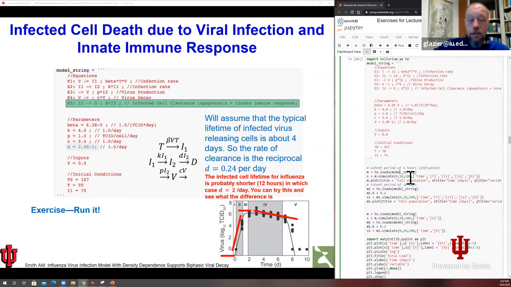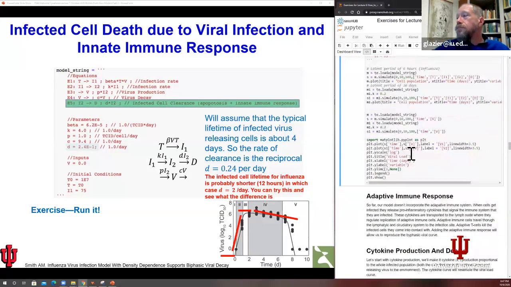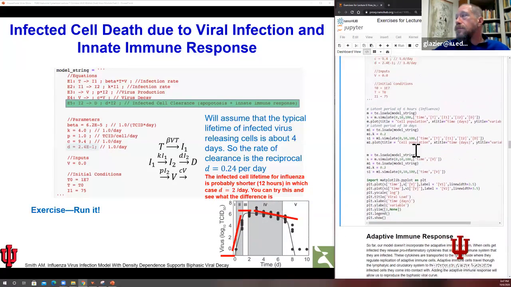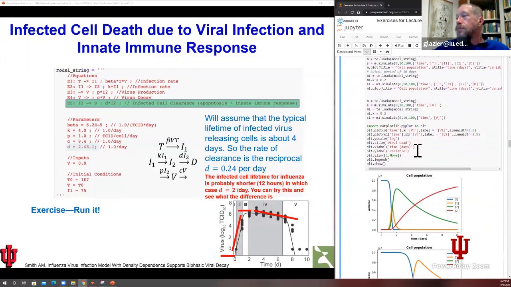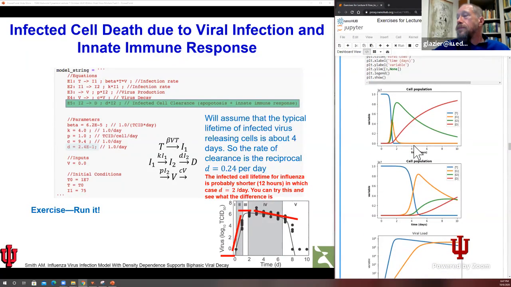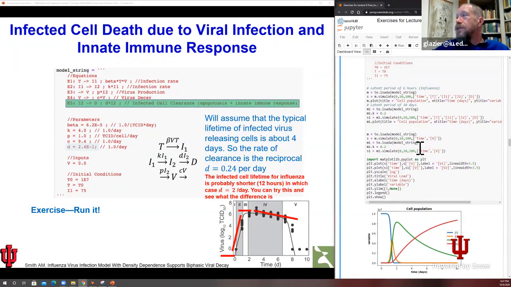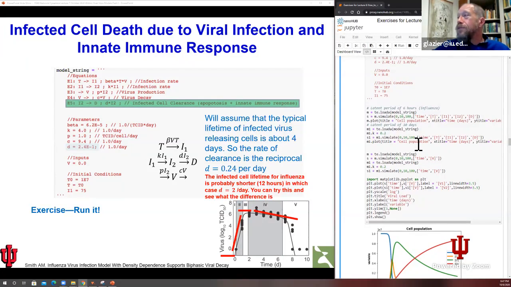And if I run that, I see that, all right, let me see what the differences are here. The differences here are, I have to remember what I did.